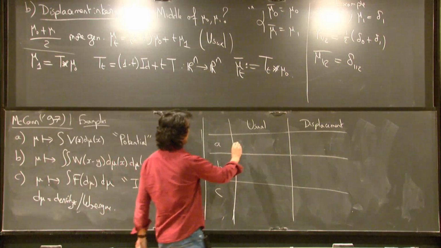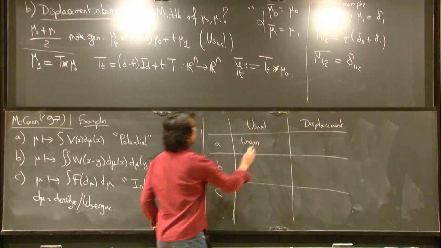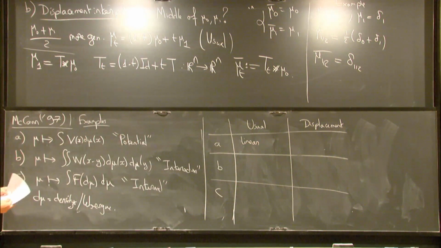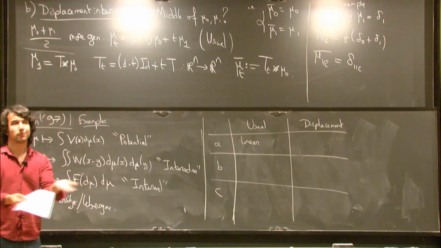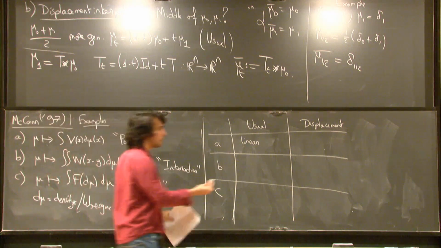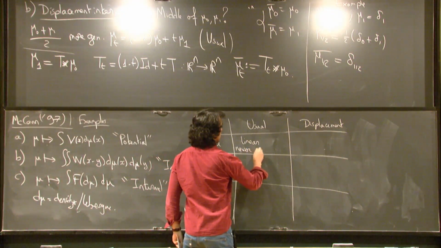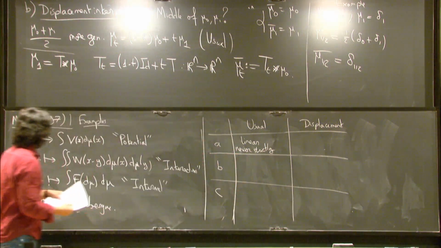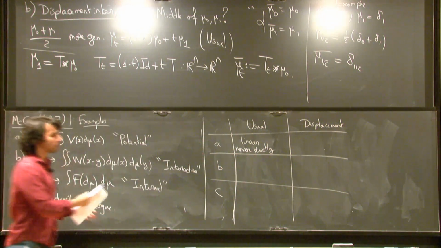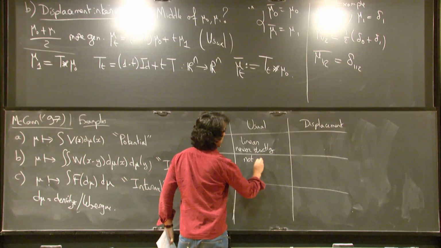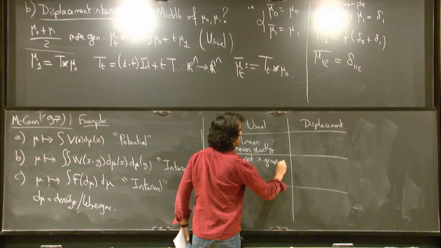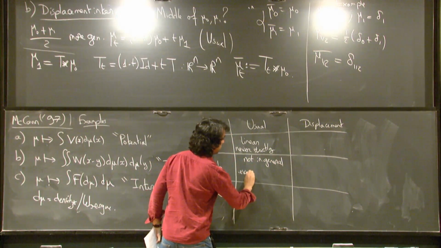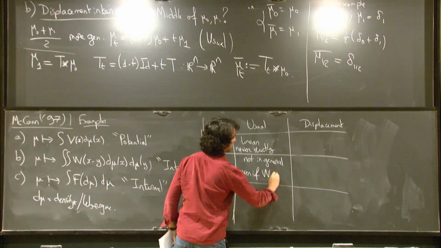Okay, so let's play the game. The first one is linear in mu in the usual sense. So it's convex, but not very interestingly convex, because it's never strictly convex. The second one is not convex in general, even if W is.